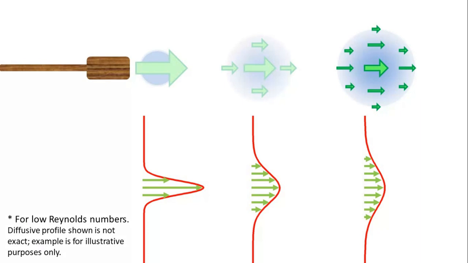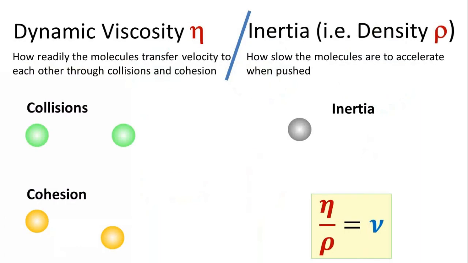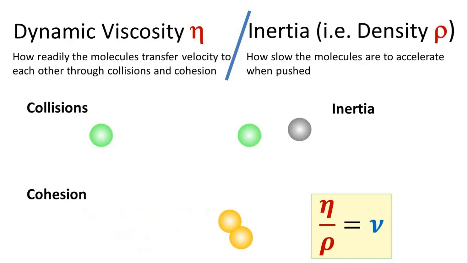Like billiard balls knocking each other around, the molecules are passing this momentum off to one another. This momentum diffusion dissipates kinetic energy, and it depends on the viscosity, how readily the molecules transfer velocity to each other through collisions and cohesion, and inertia, how slow the molecules are to accelerate when pushed.